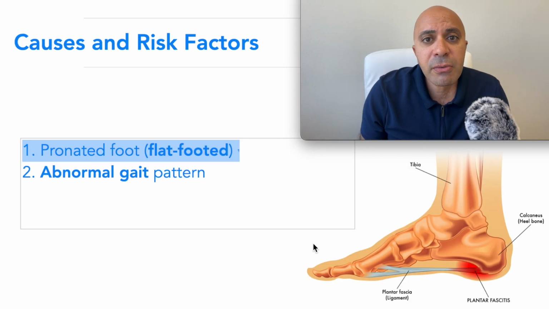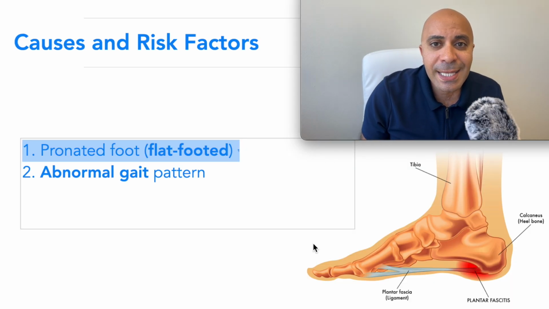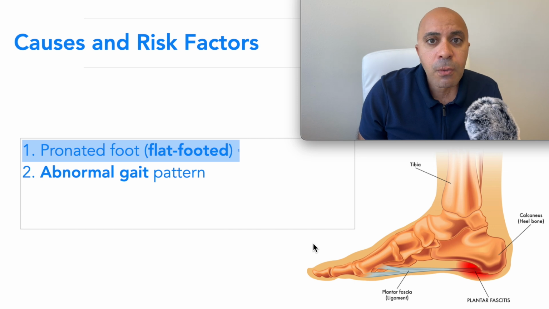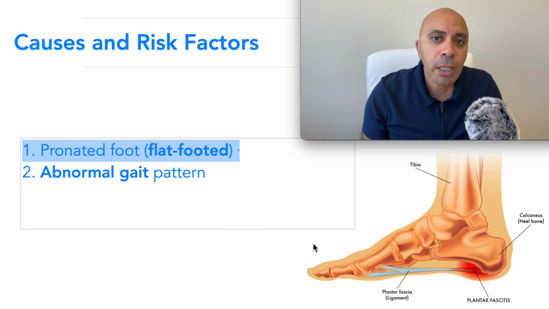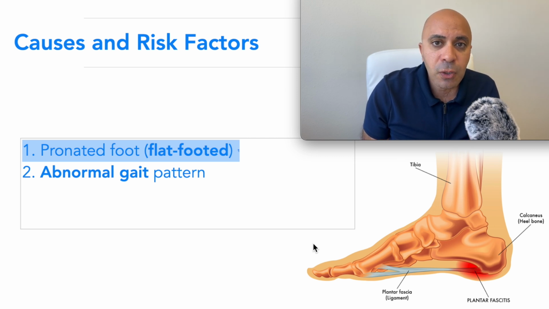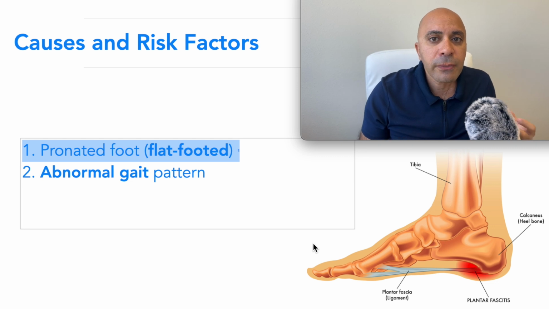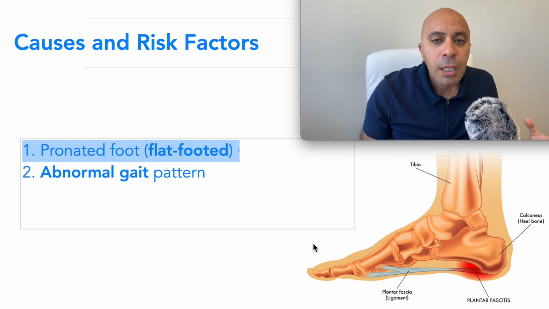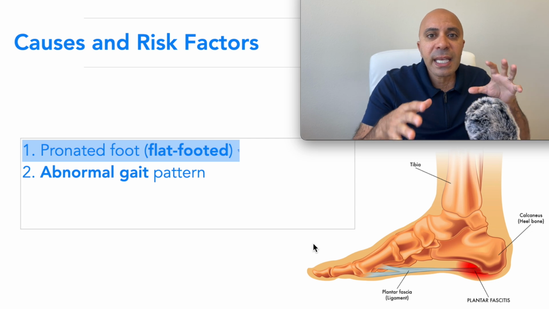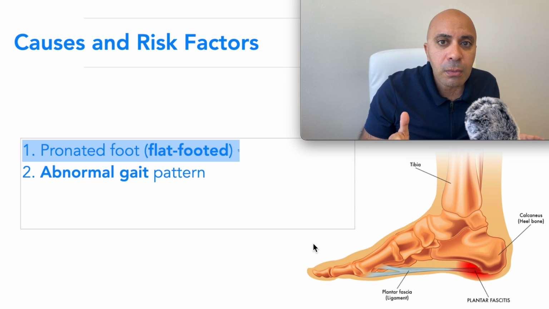The other common risk factor for plantar fasciitis is abnormal gait, which means you're not walking the right way, heel-toe walking. So there's a lot of gait deviation that could trigger plantar fasciitis. Think about it this way: if your car's out of alignment, your car will wear your tires on one side more than the other side because the weight bearing is unevenly distributed on the tires.